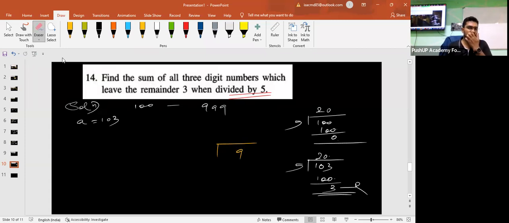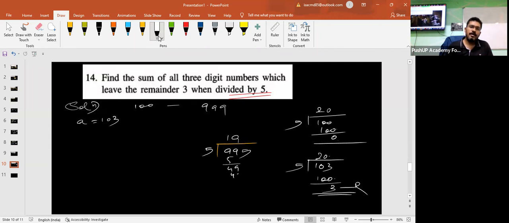Obviously, 999 is not divisible by 5. So the last three-digit number which is divisible by 5 is 995, isn't it? Because 5 into 199 will leave a remainder 0. So which is the number that will leave a remainder 3? It is 998.